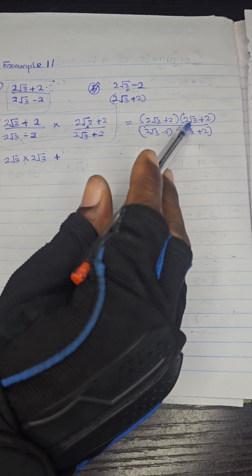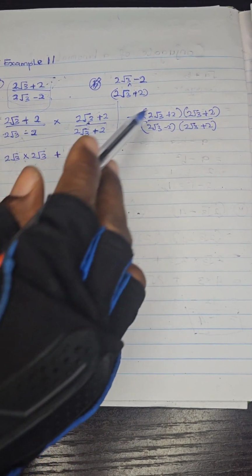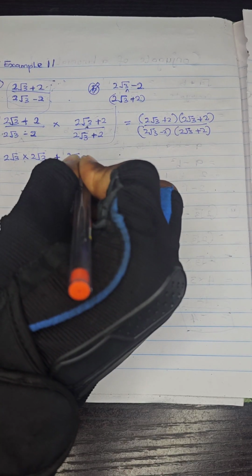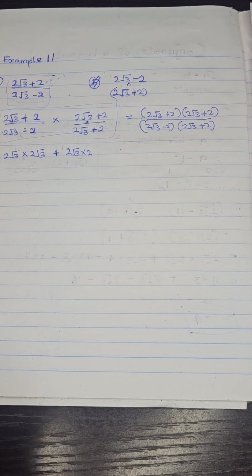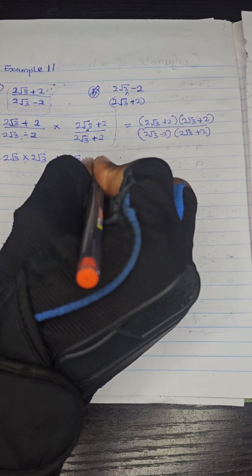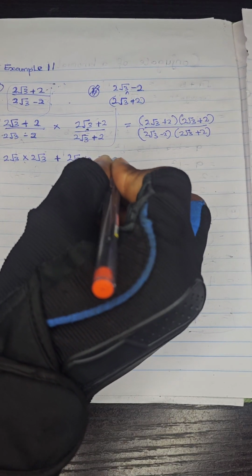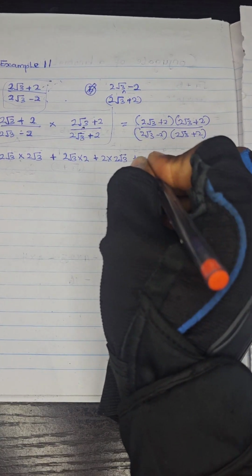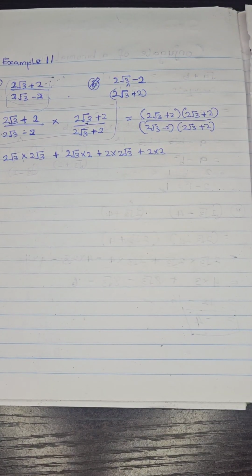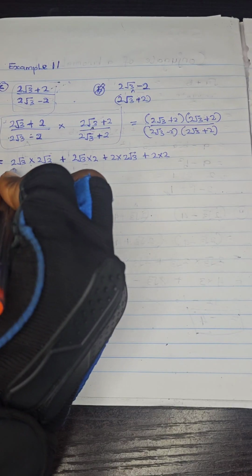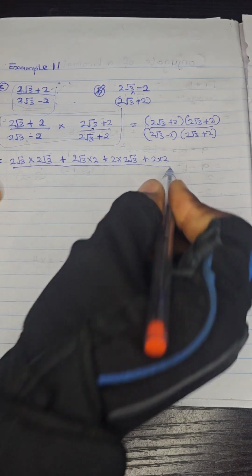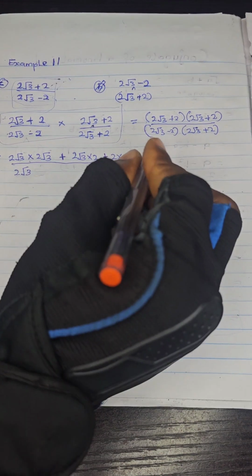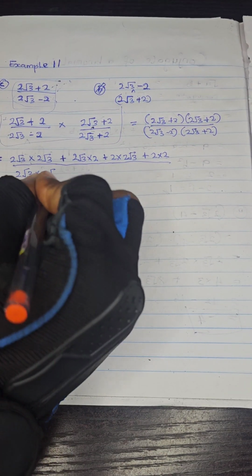So this times this is that, while this times this is what I want to write down now, 2 root 3 times 2. Now go to the second one. 2 times this is plus 2 times 2 root 3, while this times this is plus 2 times 2, all divided by, I'll be solving both the up and the down at the same time, 2 root 3 times 2 root 3.